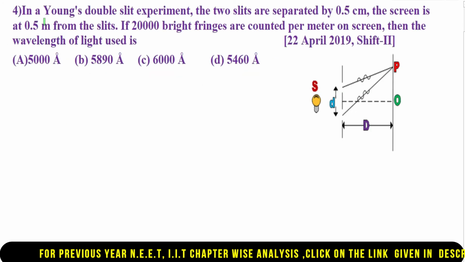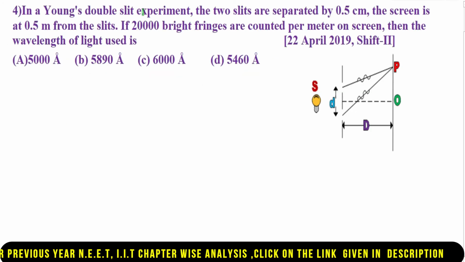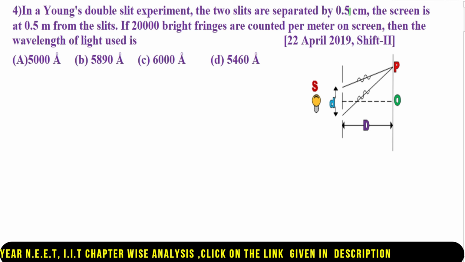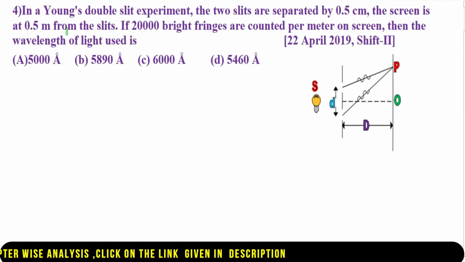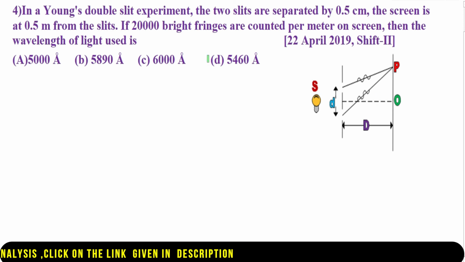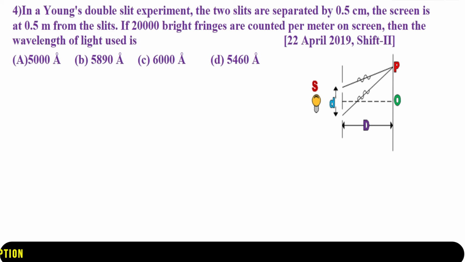Our next sum is: in a Young's double slit experiment, the two slits are separated by 0.5 centimeters. The screen is 0.5 meter from the slits. If 20,000 bright fringes are counted per meter on the screen, then the wavelength of light used is. Okay, so what did he give?